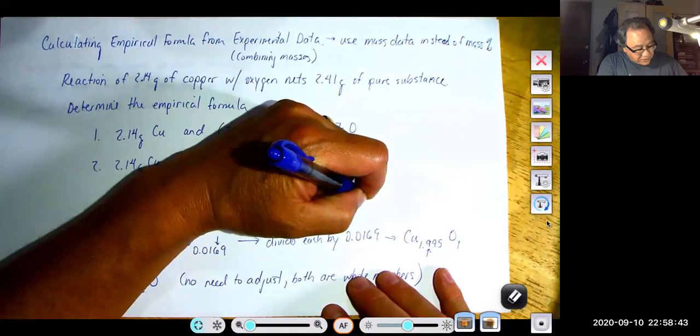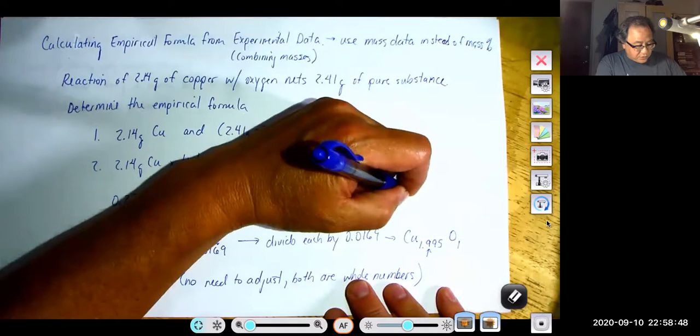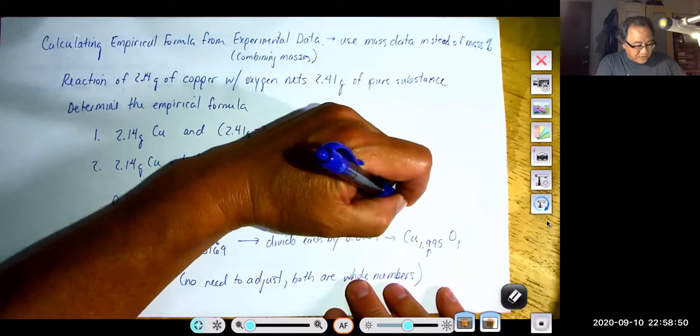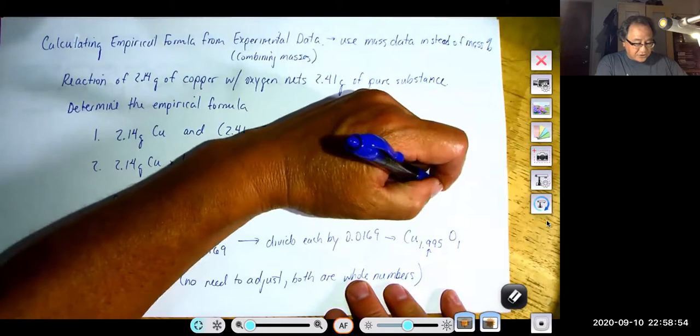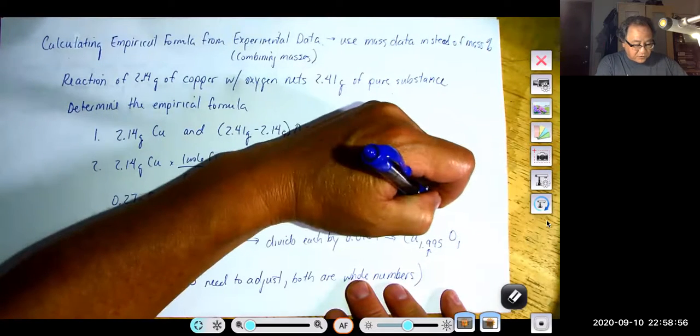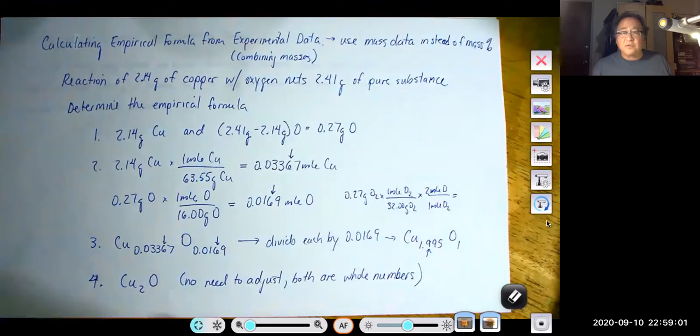0.27 grams of O2 times 1 mole of O2 per 32.00 grams of O2 times 2 moles of oxygen per 1 mole of O2. And the reason we do that is because we don't want moles of O2, we really want moles of the element atom, okay?